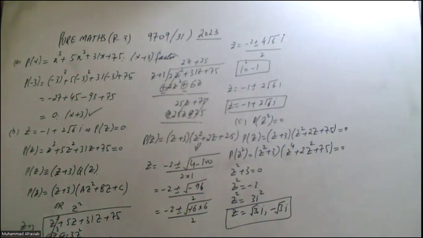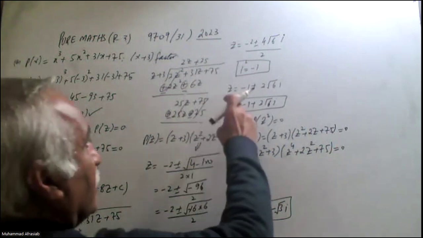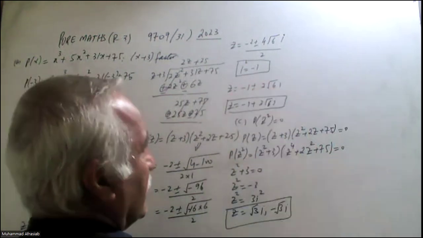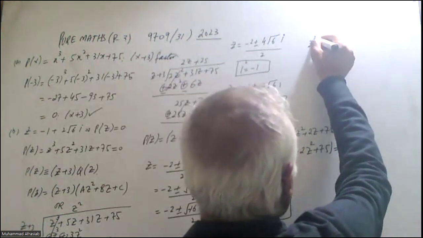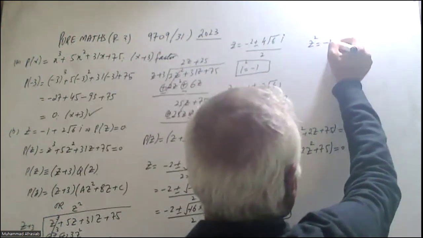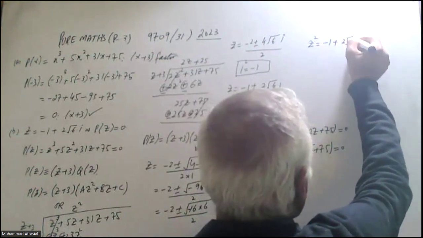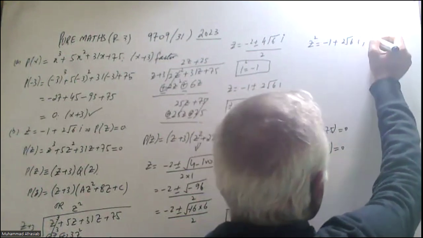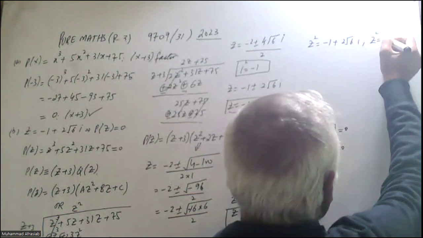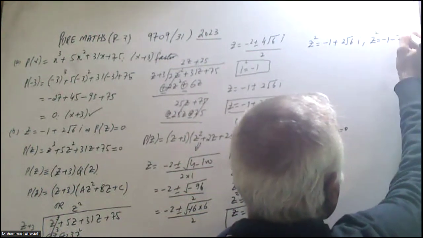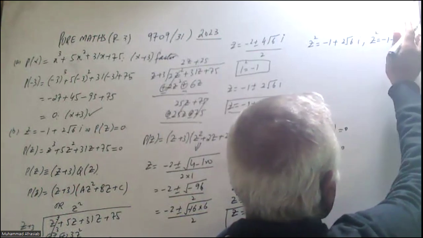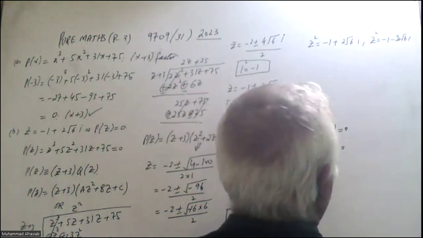We have already calculated the values, z equal to minus 1 plus minus 2 root 6 iota. So we can replace it like this: z squared equals minus 1 plus 2 root 6 iota is one root, and the other root of that equation is minus 1 minus 2 root 6 iota.